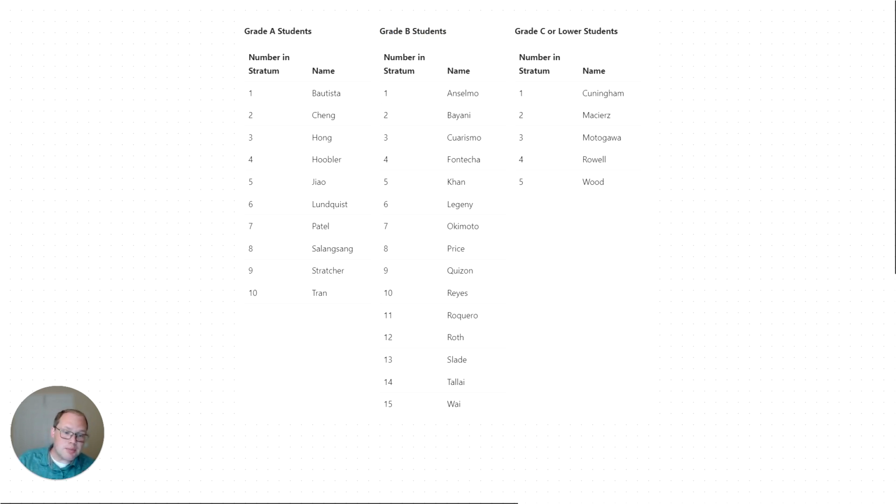Now, we want to sample 6 students, but we're going to do this using stratified sampling so that the size of each group remains proportionate in the sample. To do that, we need to know the proportionate size of each of our strata. For this first group, there are 10 individuals total.